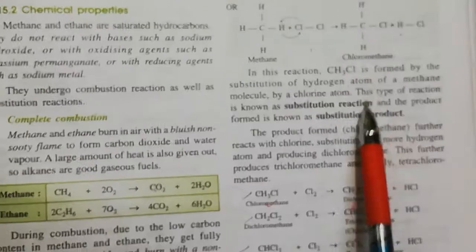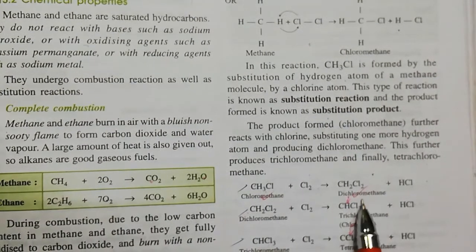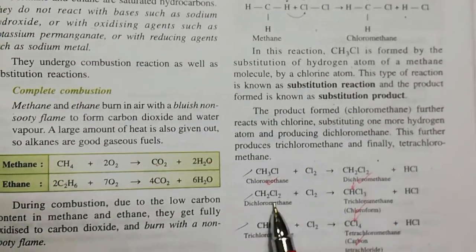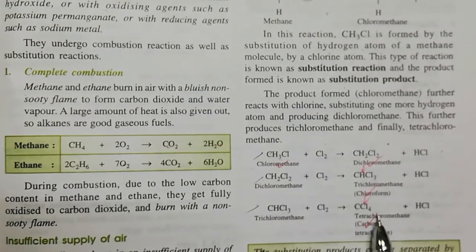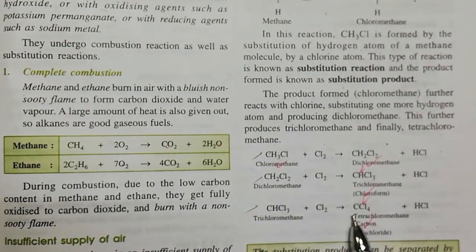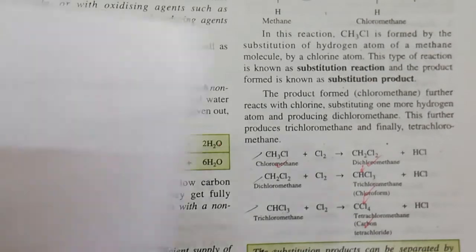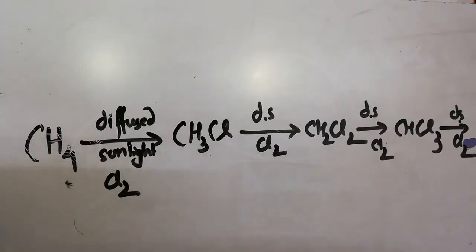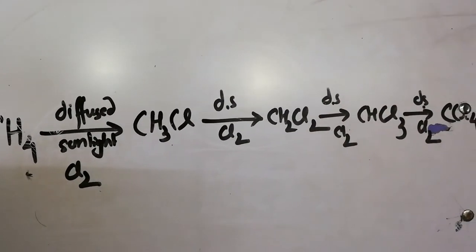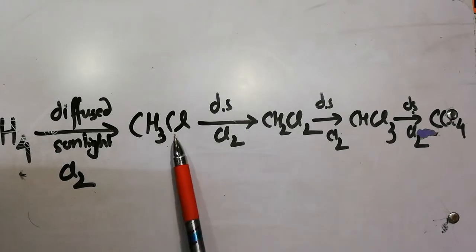From methyl chloride we get dichloromethane, and if we carry out the step again, trichloromethane, another name of which is chloroform, and at last we get carbon tetrachloride. I can show that reaction in summarized form like this. Methane is initially taken with chlorine in diffuse sunlight to give CH3Cl, methyl chloride.